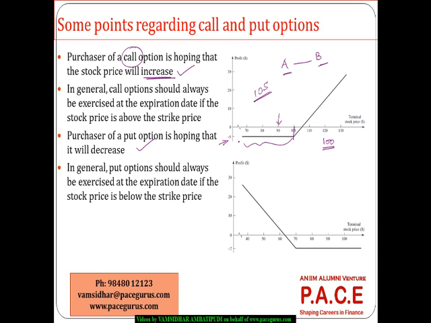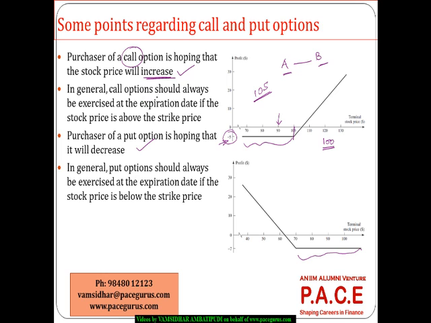Because to take that option, a $5 premium might have been paid, and because of the payment of that premium, which is non-refundable, if that option is expired, then the purchaser of the call option loses that much amount. Here also the purchaser of the put option loses that much amount.